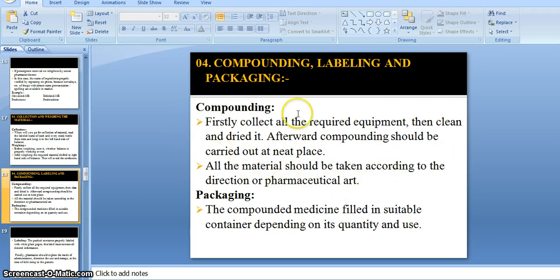During compounding, we compound all kinds of required medicines or dosage forms.